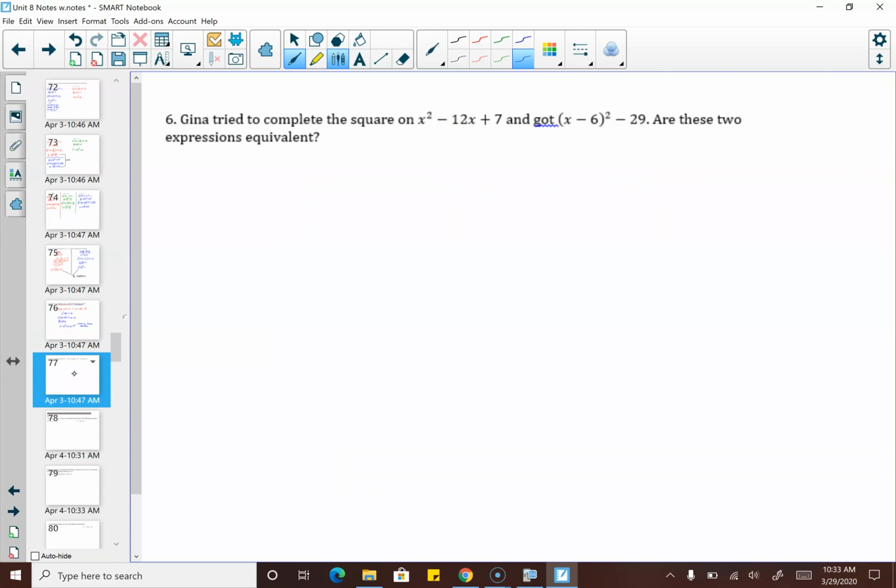Gina tried to complete the square on x squared minus 12x plus 7 and got (x minus 6) squared minus 29. Are these two expressions equivalent? We know that this looks like something that came from completing the square, but let's actually complete the square to this problem and see if we get what she got.